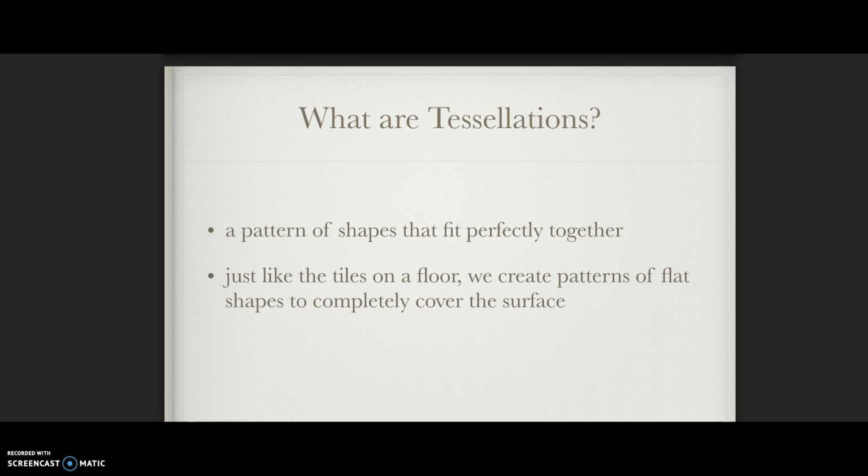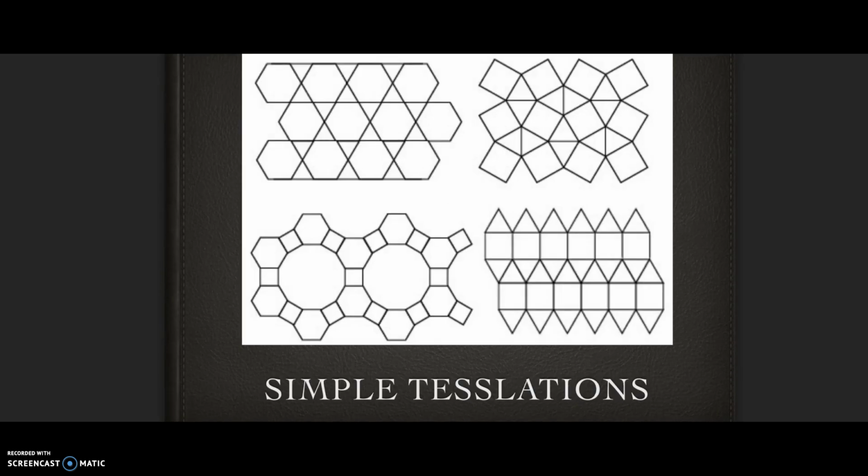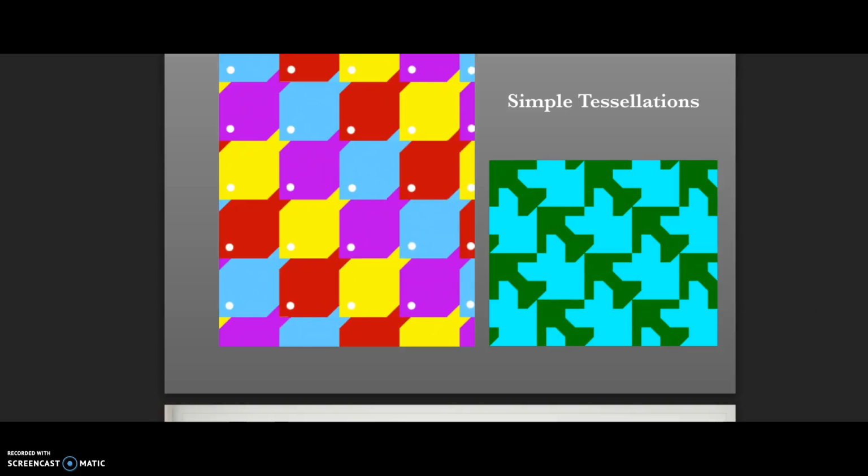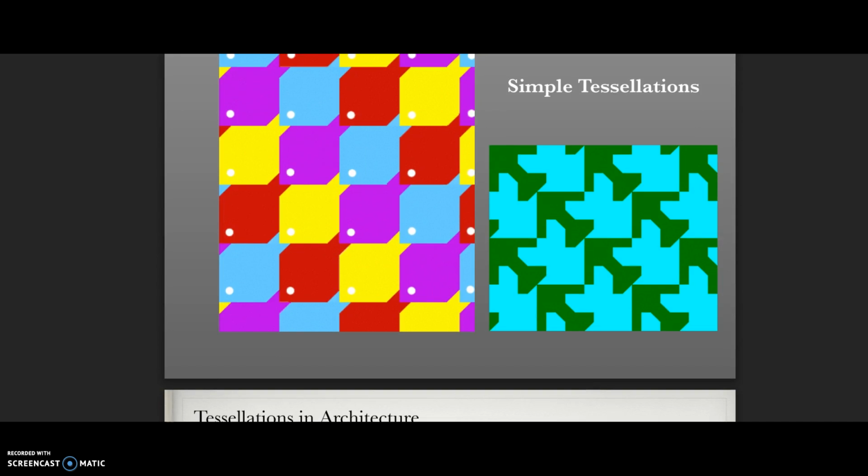That's kind of what a tessellation is. An example is the tiles on a floor, where we create patterns of flat shapes to completely cover the surface. Here are some simple tessellations, and some more, but in color.